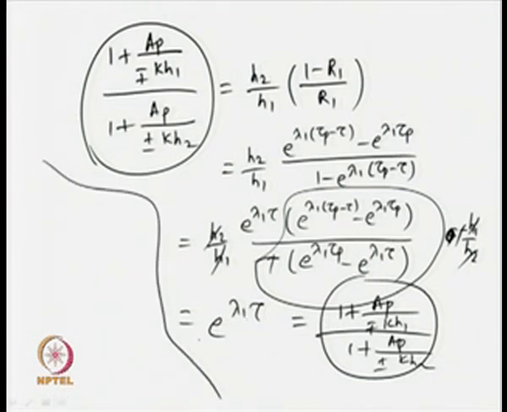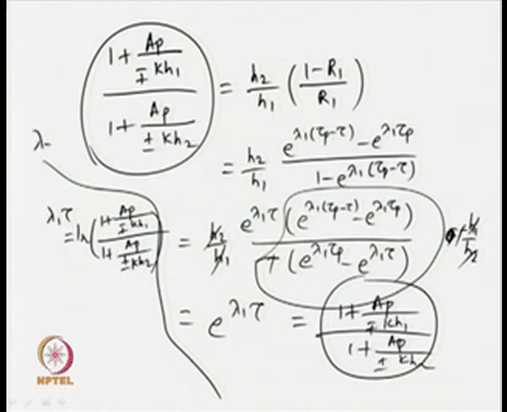So, if I take the natural logarithm, I will get lambda 1 tau is equal to ln of 1 plus a p by minus plus k h 1, divided by 1 plus a p by plus minus k h 2. Now, what is lambda 1? We know that lambda 1 is equal to minus 1 upon T 1. Sorry, minus plus, because you have got plus minus there. So, it will be minus plus 1 upon T 1.